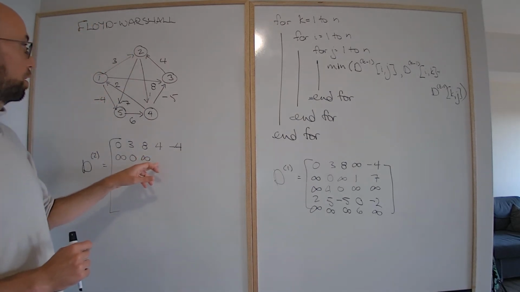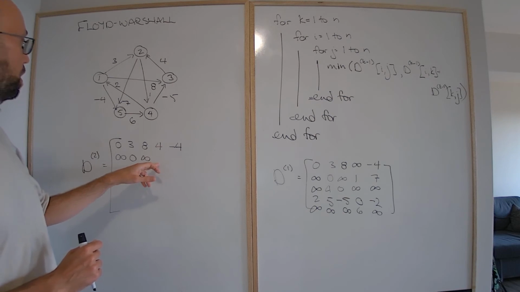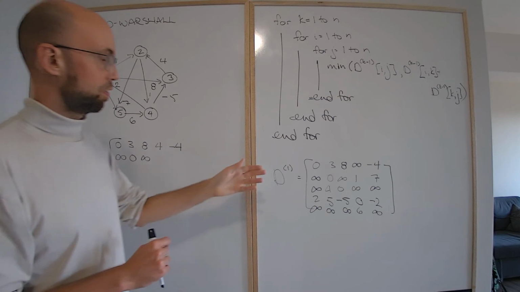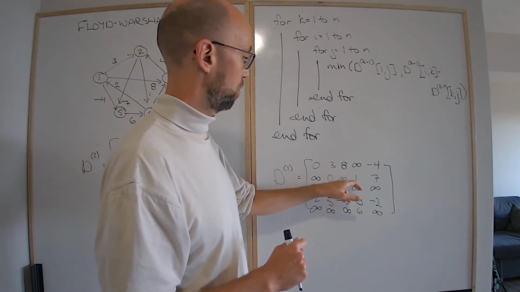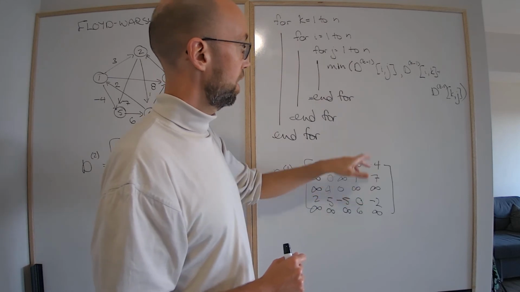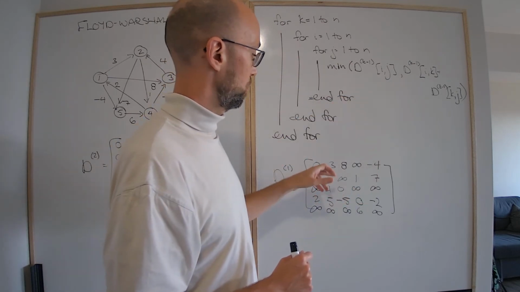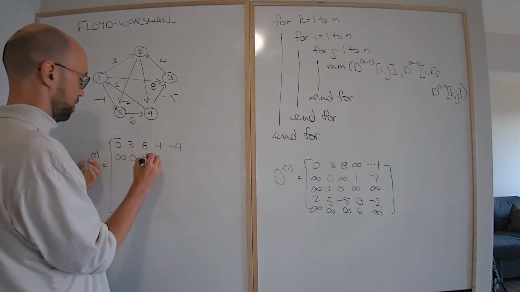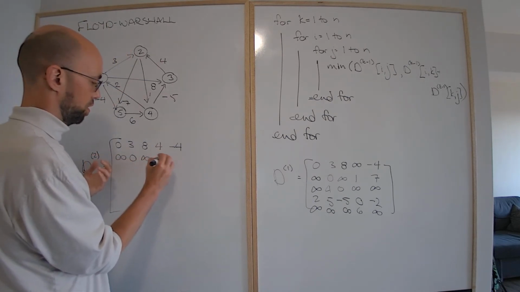So cost of going from 2 to 4. So it's going to be cost of going from 2 to 4 in this matrix directly, which is 1, and then cost of going from 2 to 2 and going from 2 to 4. So this doesn't change. So actually this row doesn't change, so maybe we should do another one.